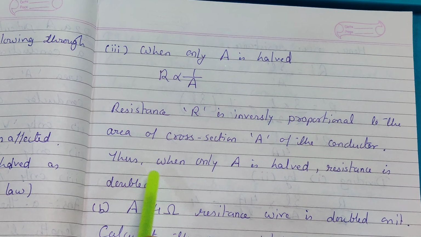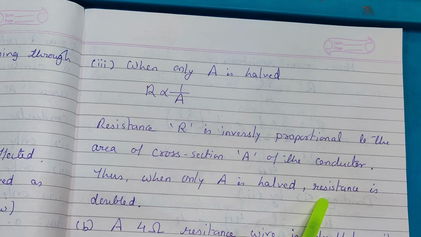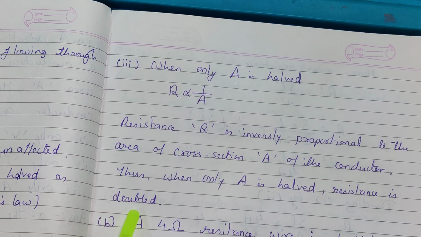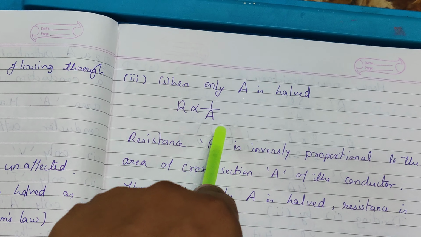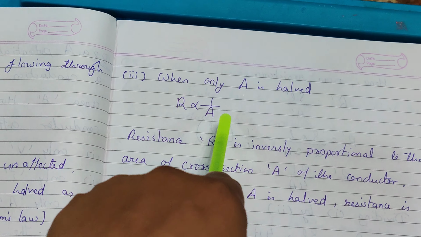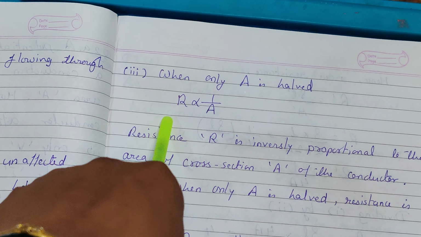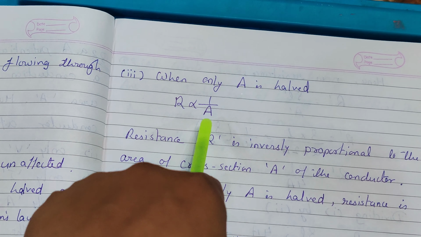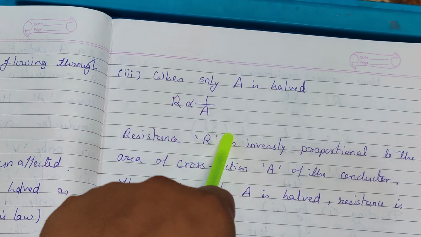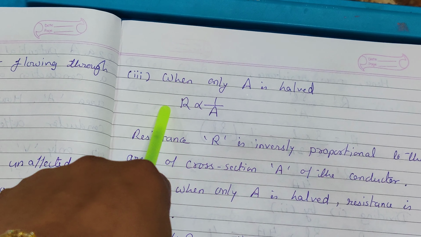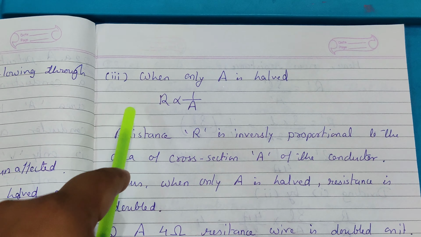When A decreases, R increases. In the same way, when A is halved, A becomes A by 2, and the resistance will be doubled.